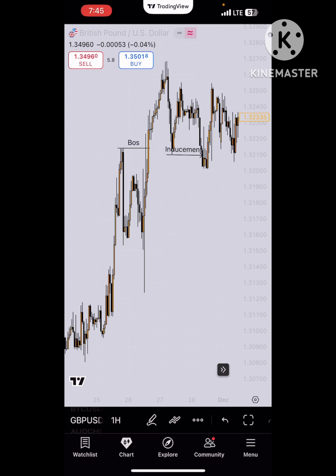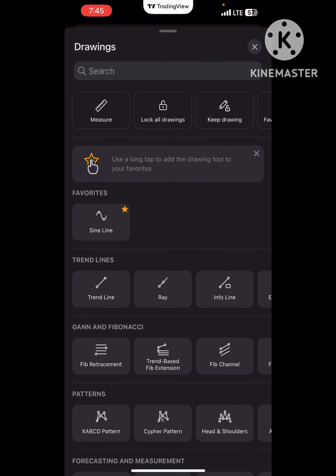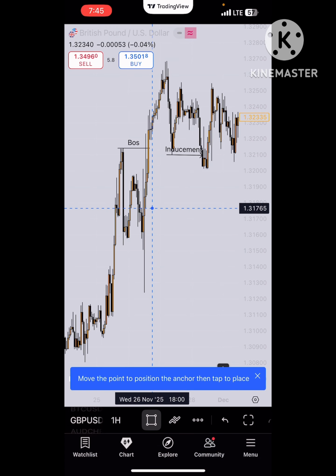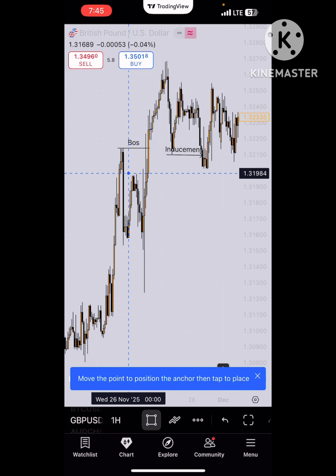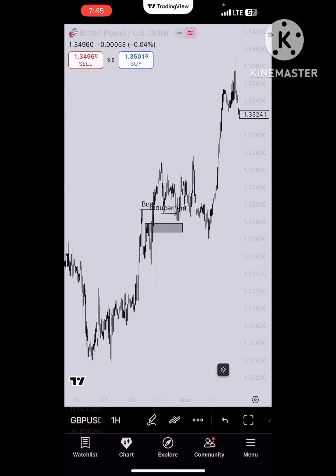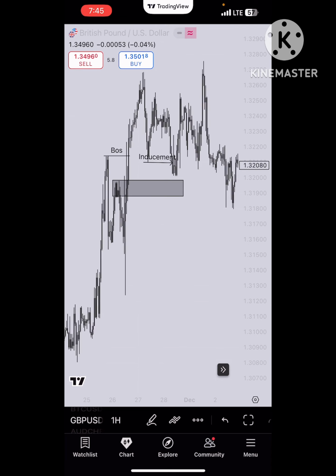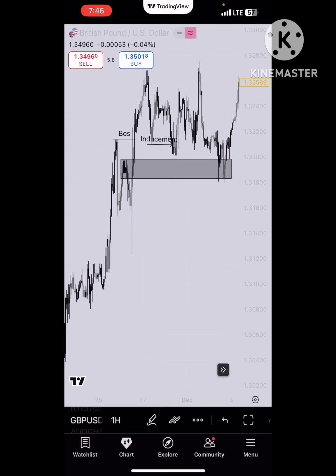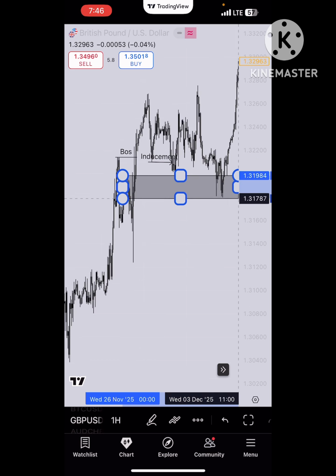We need to look for a valid, in this case, supply zone that we can use for our entry. So where would that be? That will be here.